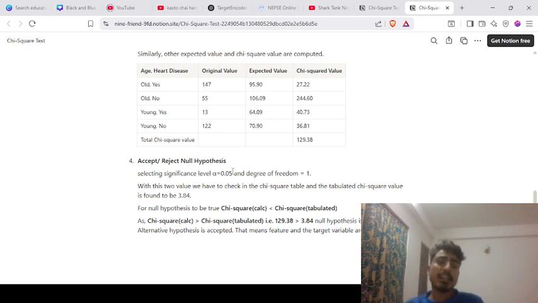And with the significance level and degree of freedom, we're gonna check the actual chi-square table, which we can get from different sites. And in books, there are multiple tables mentioned at the end, and among them we will find the chi-square table also.